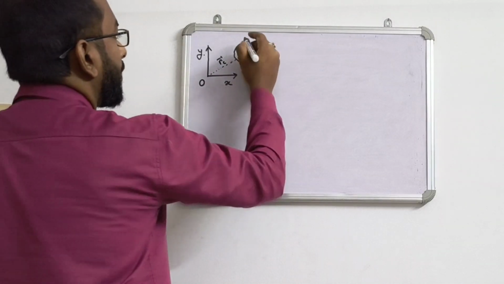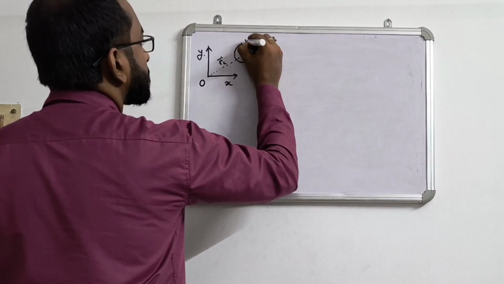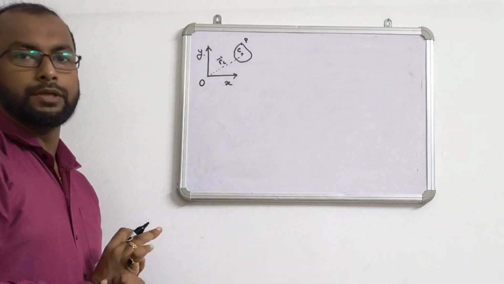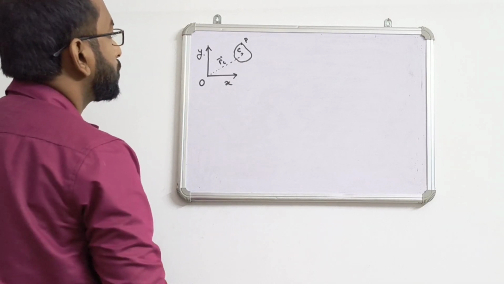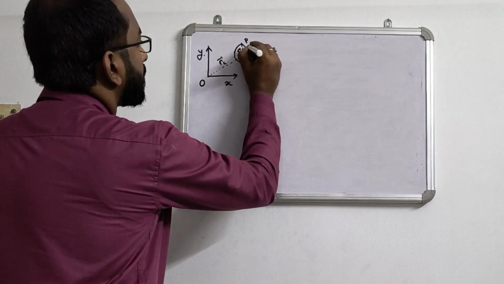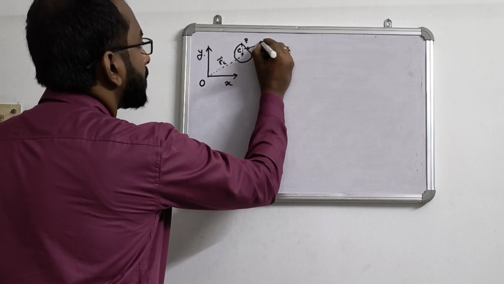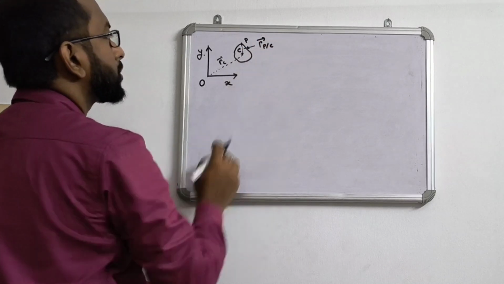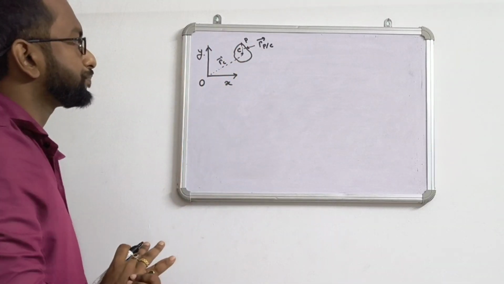Now suppose I want to find out the velocity of the point P. How can I find out? With respect to the center of mass, the point P has a distance vector R_P, the relative position of the point P with respect to the center of mass.